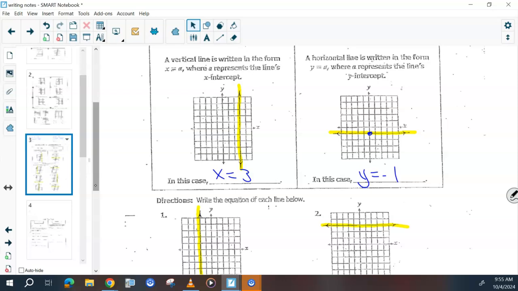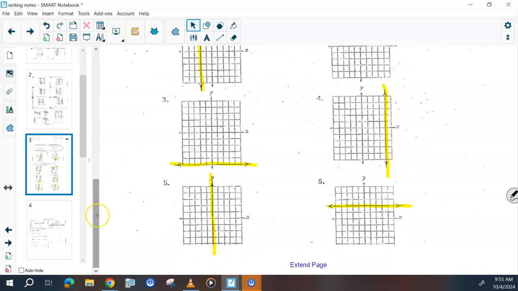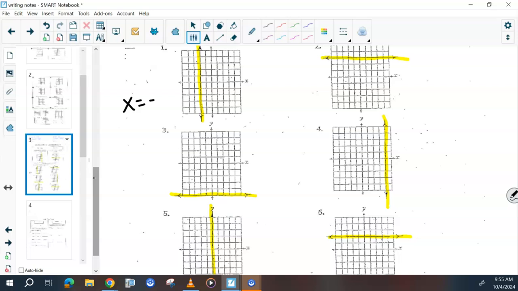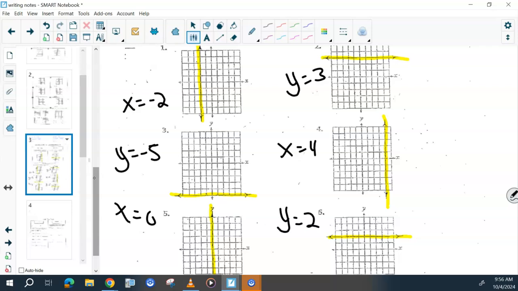There are 2 of them that you kind of can't see, but number 3 is at the bottom, and number 5 is on the y-axis. Questions on any of those?